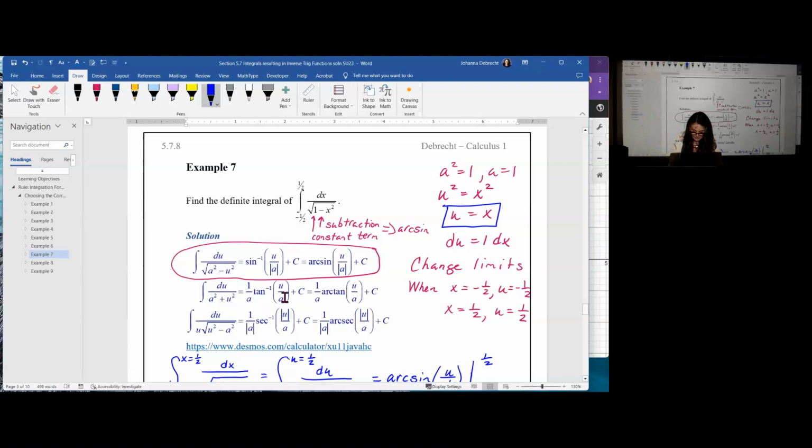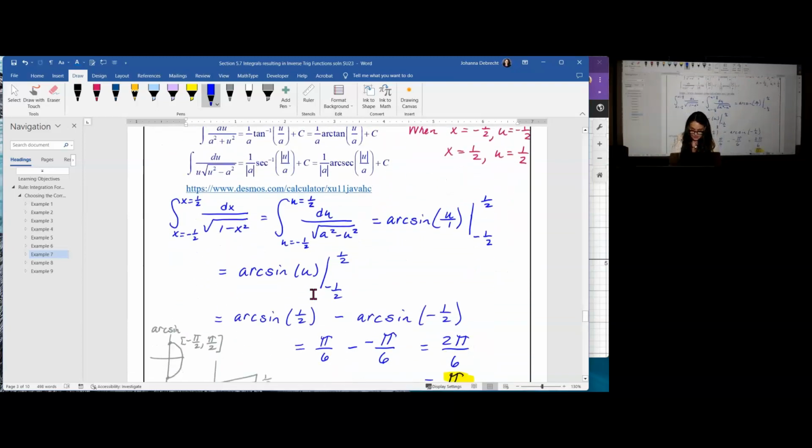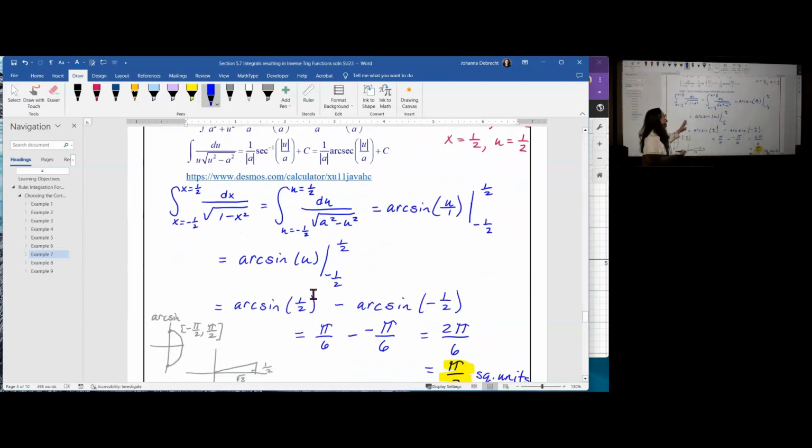When I rewrite and substitute the pieces, notice that I've switched from x equal negative 1/2 to x equal 1/2 to u equals negative 1/2 and u equals 1/2. It's very important that you understand that when you're doing a definite integral, you're going to switch the values from x values to u values.